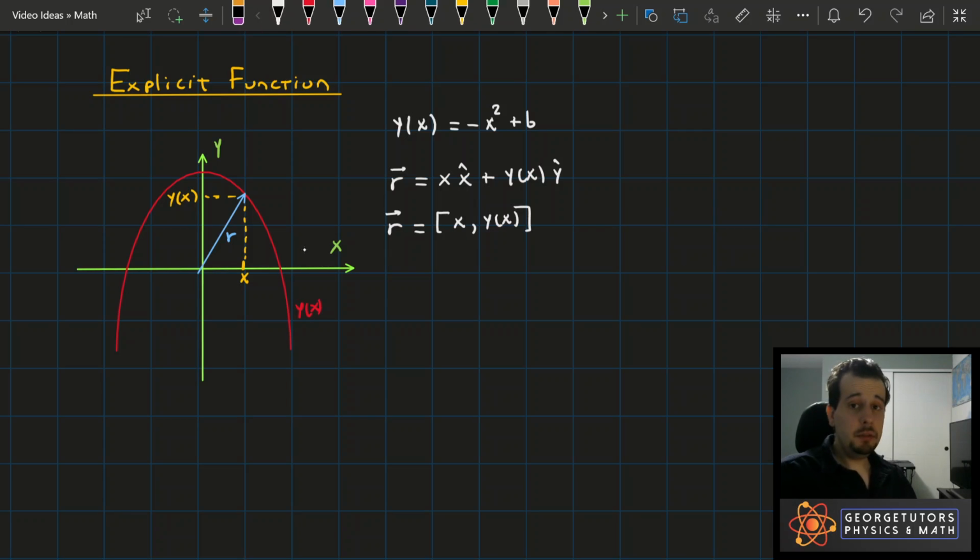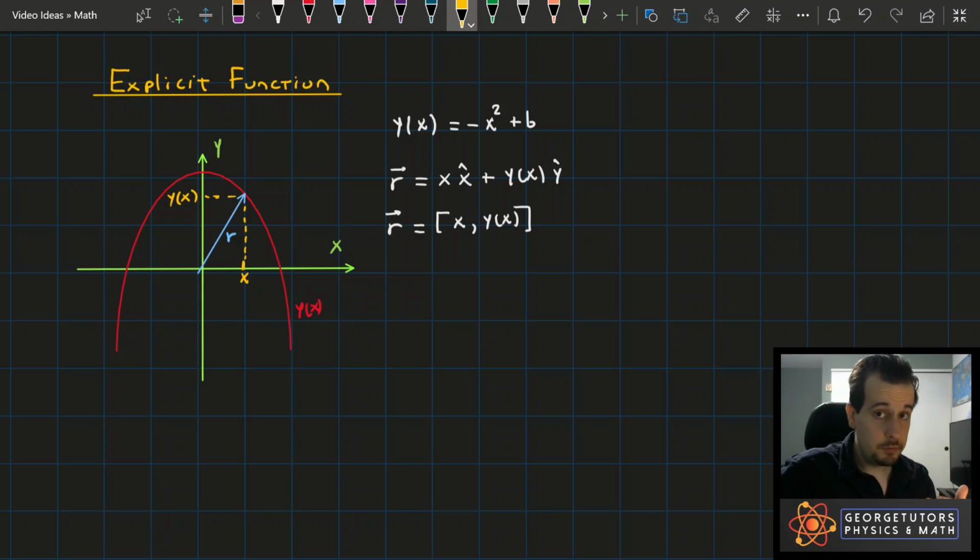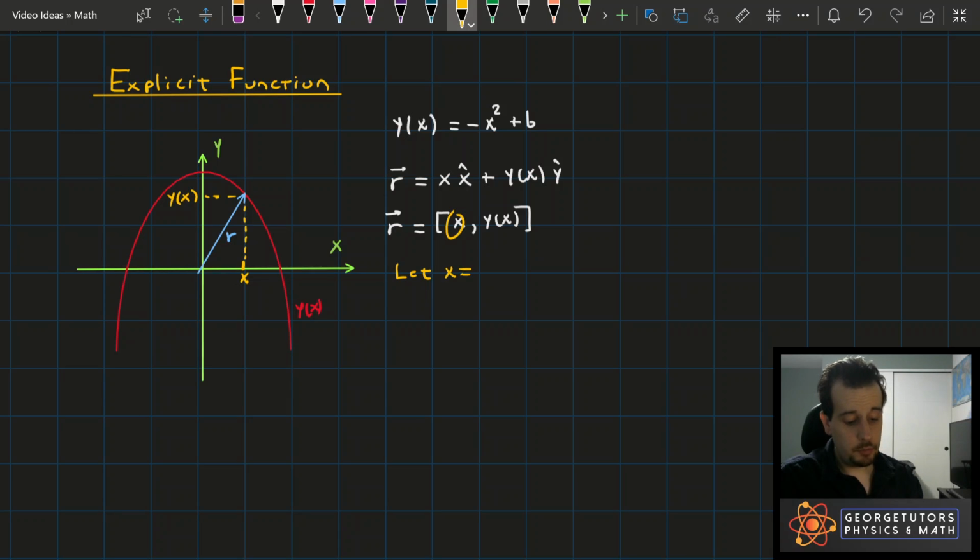So typically, though, we don't let the variables be x, y, and z if we are parameterizing in terms of them. We always let the parameterization variable be called t for communication in Calc 2. We notice that the independent variable here is always going to be the parameterization. So this time it's the x, and we just call x the parameterization variable because that's what it is.